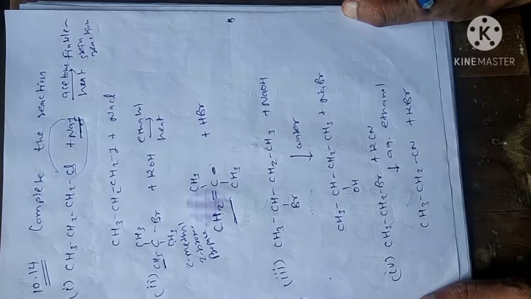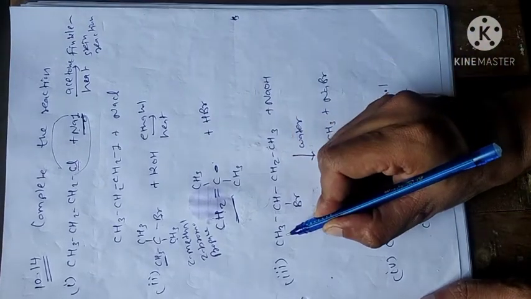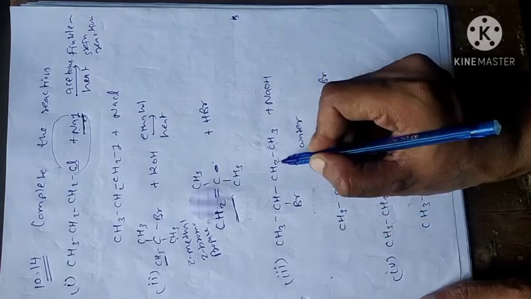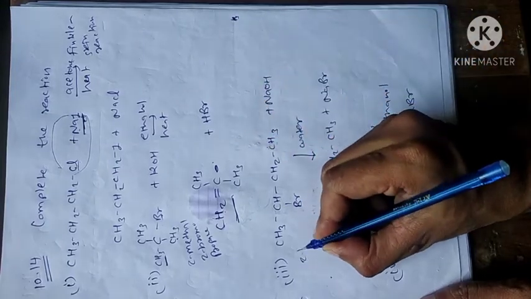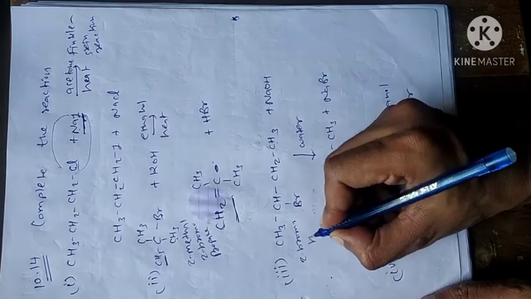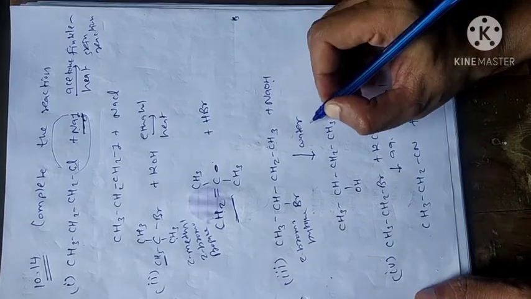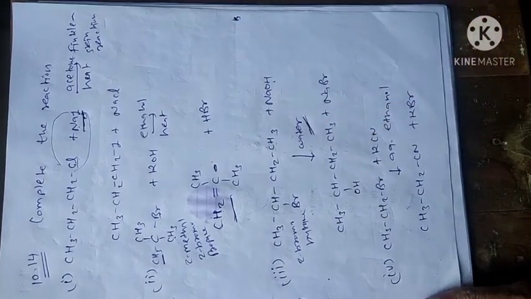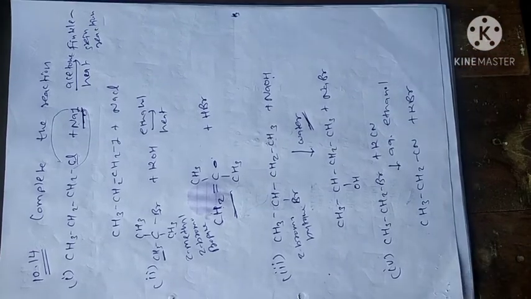Now next reaction, you can see this. There are 4 carbons in line, so it is butane. On 2 number a bromine is there, so it is 2-bromobutane. When it reacts with NaOH in presence of water. Now whenever you have water and base, it will give substitution reaction.